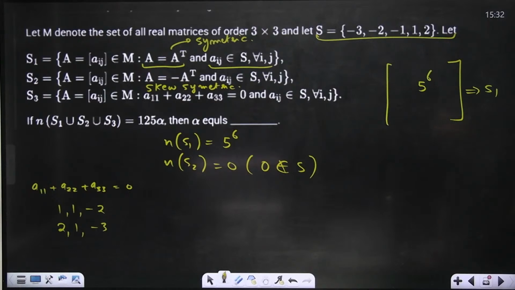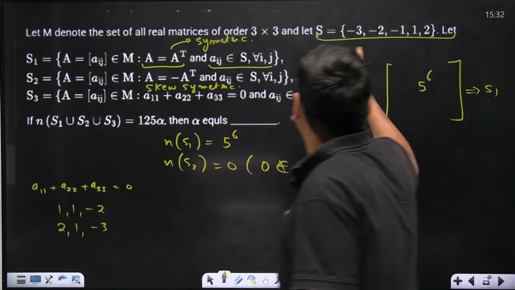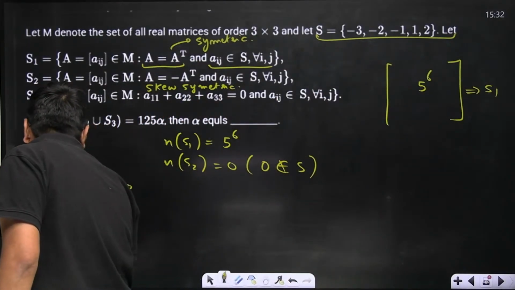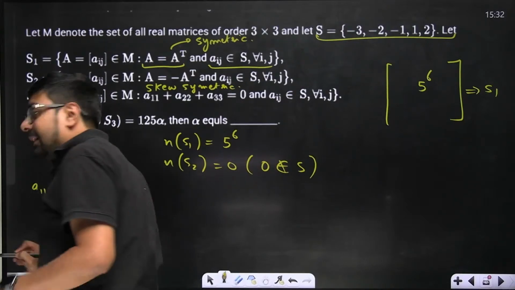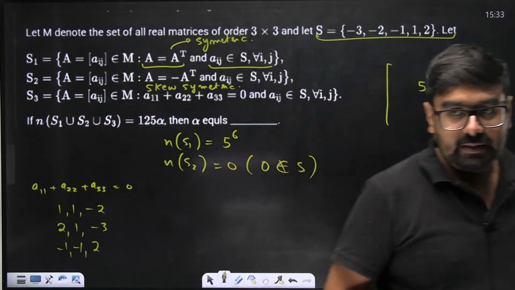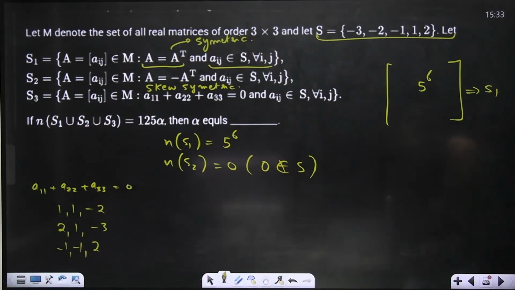Minus 1 and 2 will also do it. Any other approach? Any other method? Come on, tell me, guys.